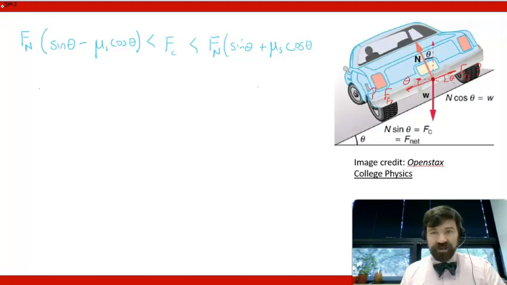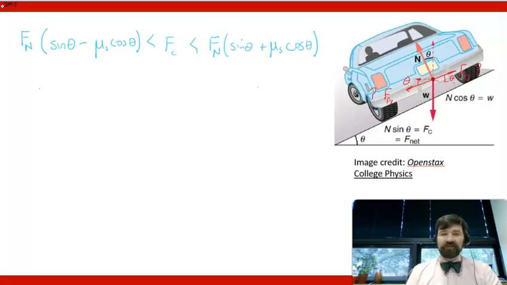On this side it's added instead of subtracted. So this bounds your upper and lower possible values for centripetal force.